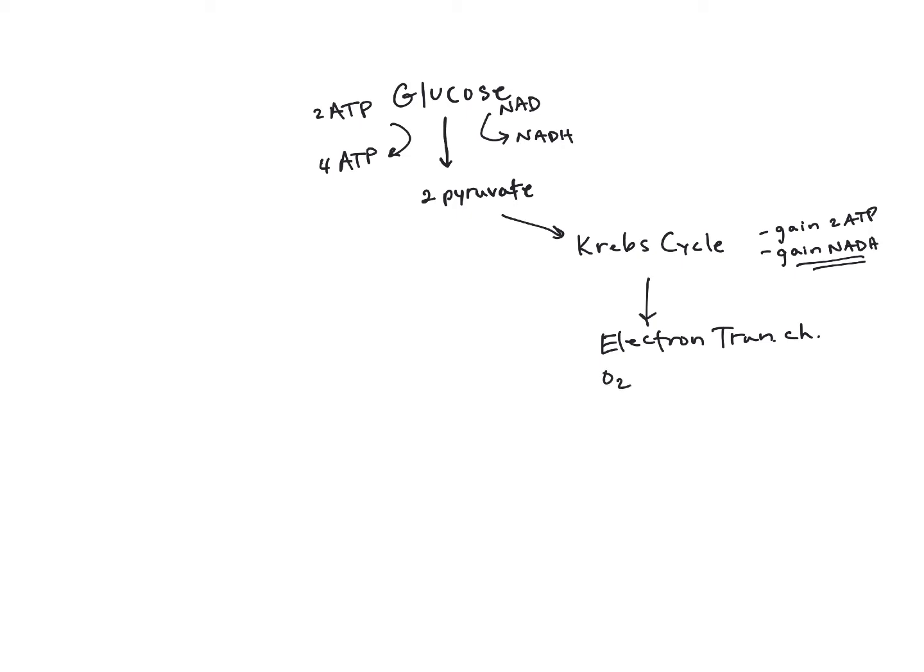Either oxygen is going to be the final electron acceptor if this is aerobic respiration, but in anaerobic respiration, you could have some kind of inorganic ion, something like nitrate or sulfate or others. Again, that's anaerobic respiration.